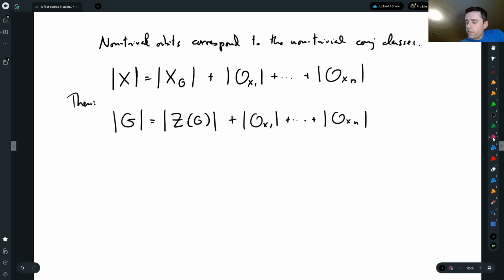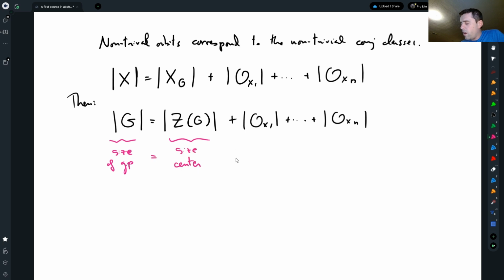So what we get is the order of the group is equal to the size of the center plus the sum of the orders of non-trivial conjugacy classes.